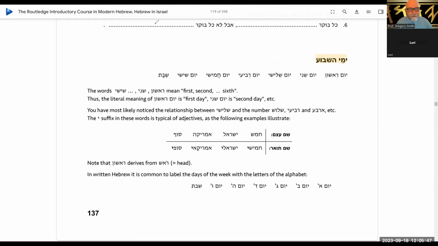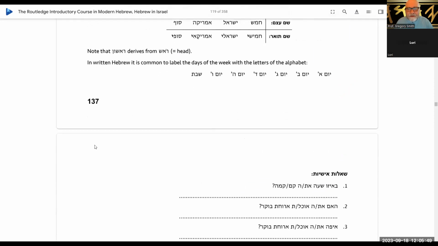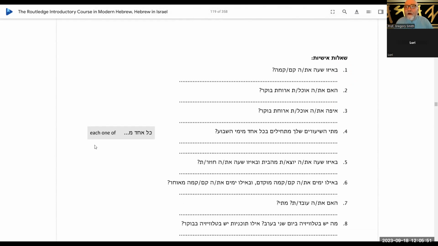All right, so let's see here. Now we have She'elot Ishiot. Now I know the She'elot are questions, but the Ishiot, I don't think I've seen that one before. Personal questions. שאלות אישיות.